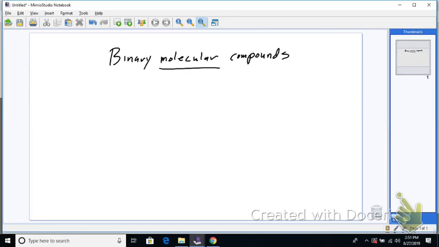Binary molecular compounds, some of them go together in 5 or 6 different ways, with the same two elements. How can that happen? It's just how they share electrons, and they can share electrons in multiple ways. We'll get into that later.